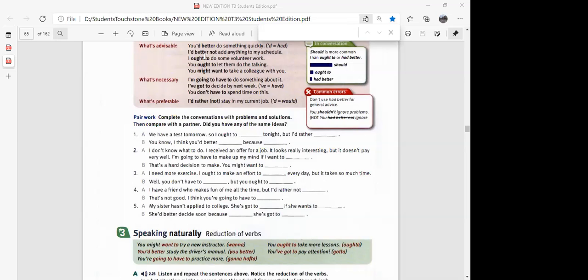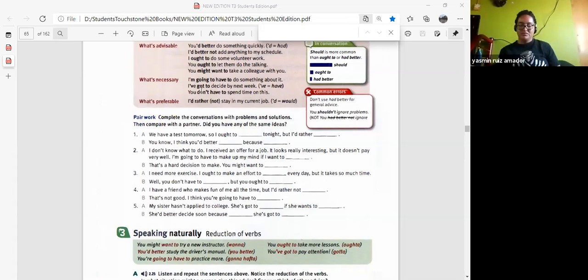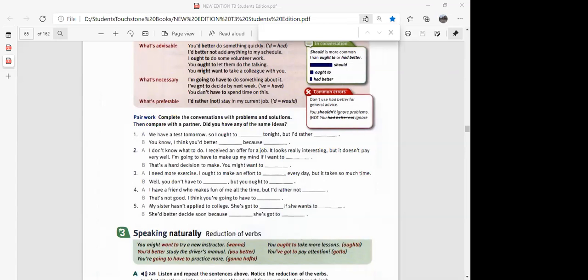I better go, right? I have to go. This one, better, is very common. On this one, I gotta. I gotta do it now, man. I am not sure, but I gotta do it now. We'll see later about this gotta that is very common in English, like all others, like hafta, etc.